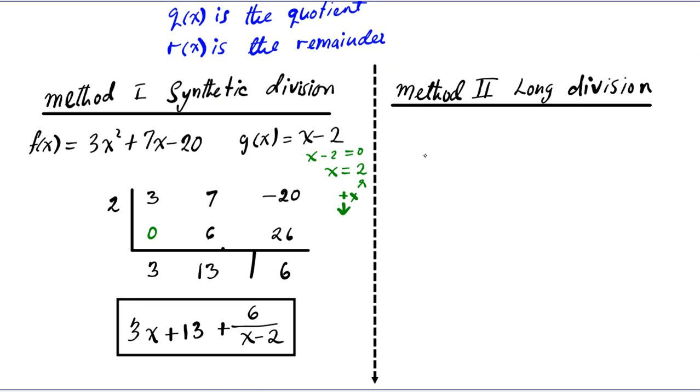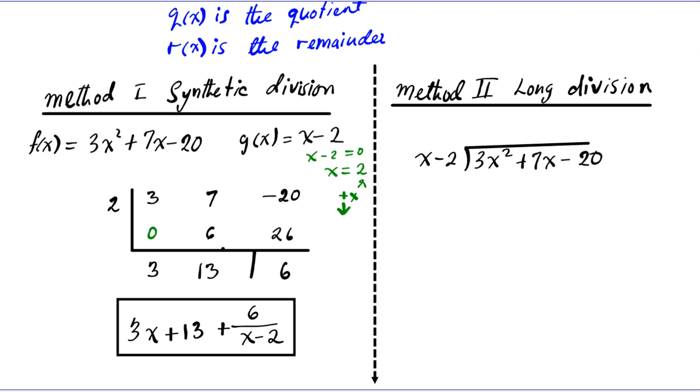Just like we divide numbers regularly, you have the divisor on the outside, and then we put the dividend on the inside. So the dividend polynomial f of x is 3x squared plus 7x minus 20.